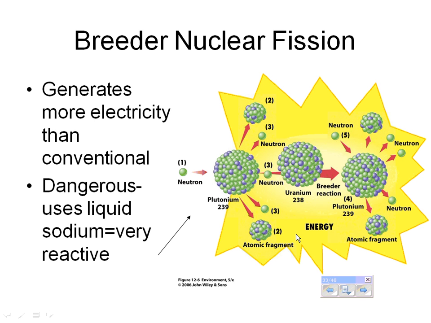But breeder nuclear fission, other countries continue to use this. It actually generates more fuel than you start with. So this is helpful because you can reuse and recycle some of this fuel versus having to end up with waste which we don't know how to dispose of or have a good place to put.